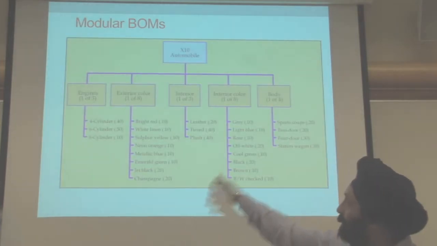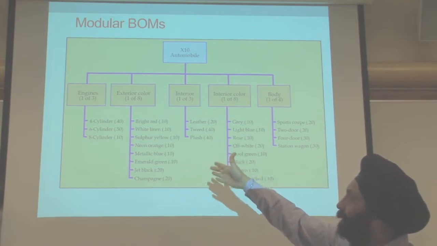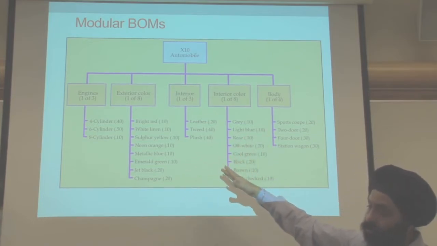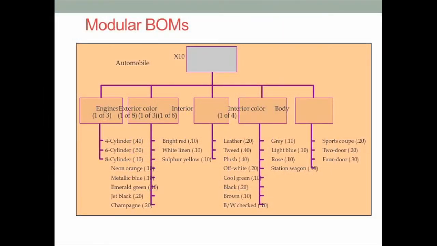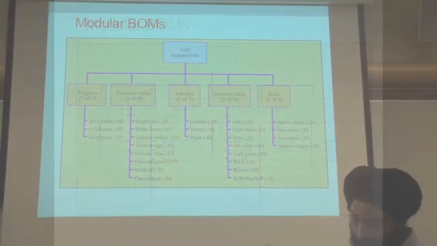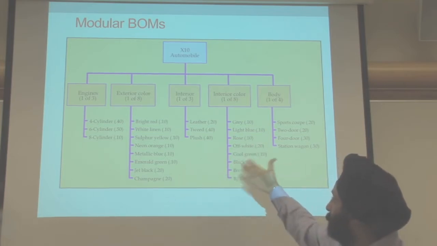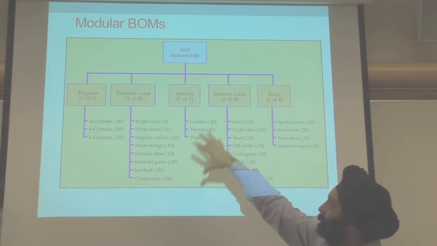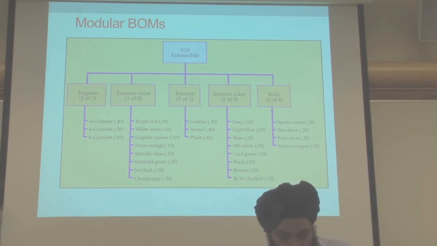So one can easily see for an automobile, type of engines, type of colors, choice of interior, whether it's leather, tweed, or plush, or interior colors, body, just to name a few in this fictitious model. It allows for many configurations on the part of the customer.